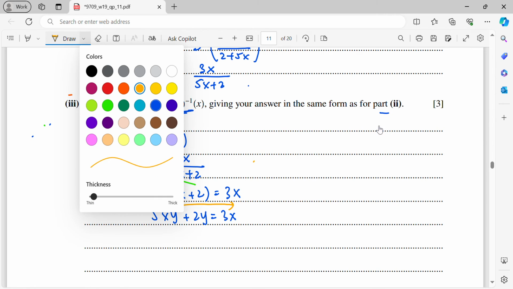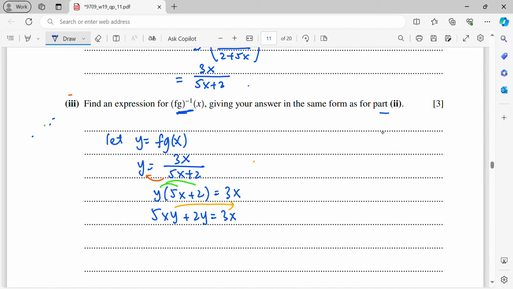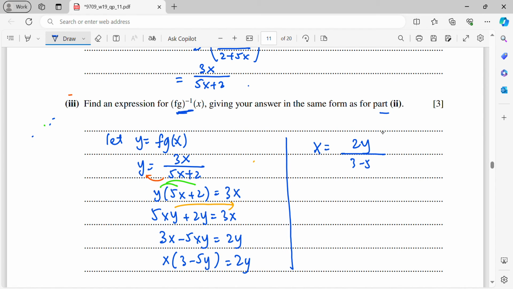Then I will rewrite my right side first. That means you will be getting 3x minus 5xy equals 2y. Then from here, factorize the x from the left side. So you will be getting x times 3 minus 5y equals 2y. And then your x is 2y divided by 3 minus 5y.